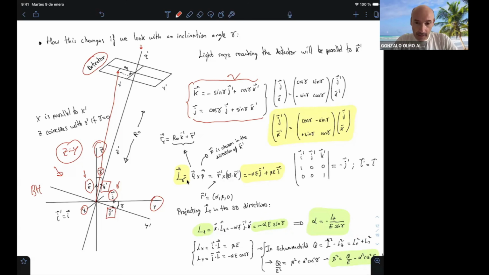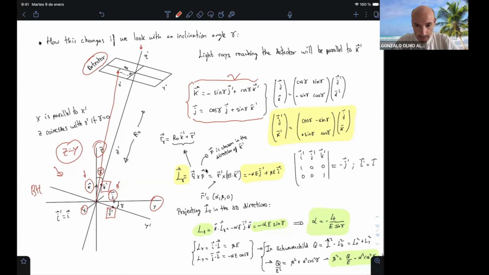And then the photon in this case is moving in the direction of K prime, because when they get to the detector, they are all parallel. Remember that the detector is just a direction. It's like a star in the sky, so this doesn't have any size. It's just a direction. So all light rays are parallel to K prime.